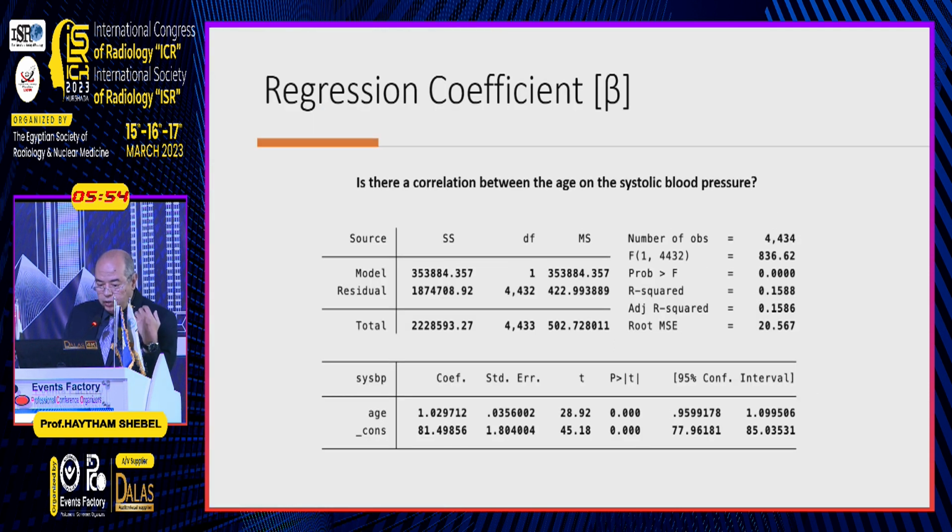So if we take an example of the same question, is there a correlation between the age and the systolic blood pressure? We already have the answer, yes, it's a positive correlation. This is the coefficient of the regression. This is as significant as the correlation presented before, and this is the coefficient. It doesn't indicate the strength, but indicates how much the systolic blood pressure will increase regarding the age. If we interpret this result, I can say every 1 year, the systolic blood pressure increases by 1.02 millimeter mercury.